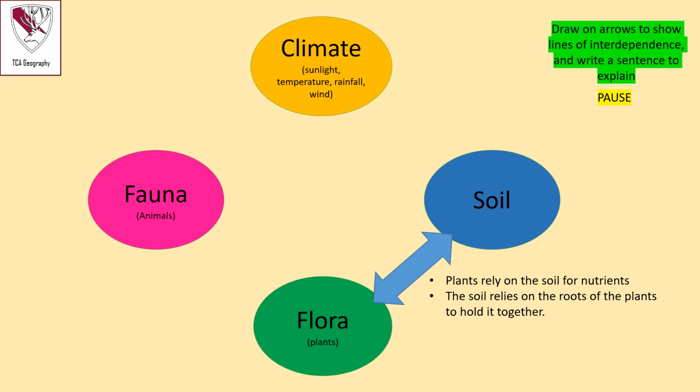Plants, flora, they rely on the soil for nutrients, but the soil relies on the roots of the plants to hold it together. So they need each other in a way. If the roots of the plants or trees, for instance, aren't holding the soil together, then it could easily be washed away by heavy rainfall. It could be blown away by the wind.